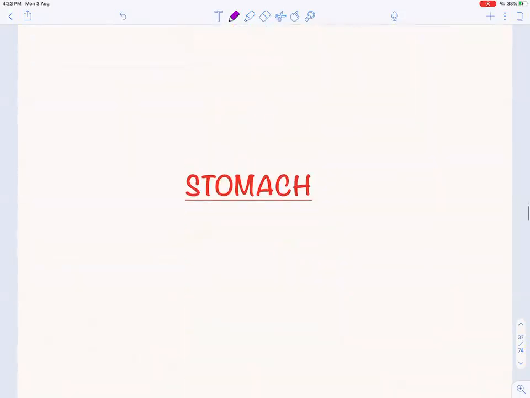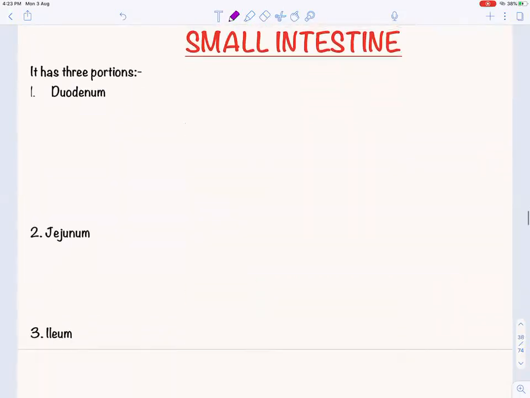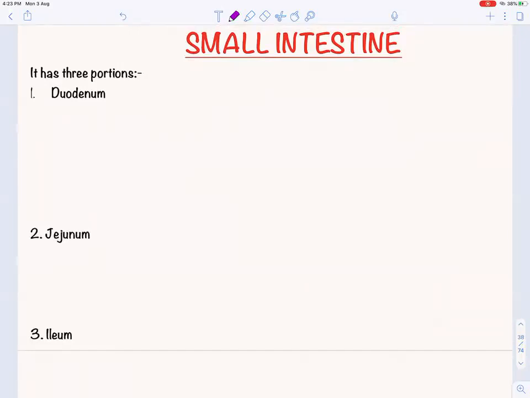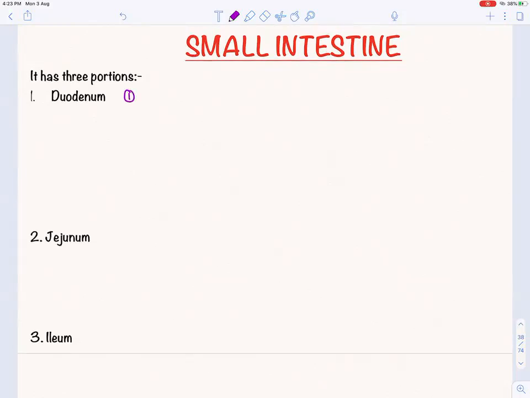Okay, so now let us do the small intestine. What is the small intestine? We've already done stomach. Now small intestine. It has 3 portions: duodenum, jejunum, and ileum. The duodenum is the first part, and it connects to the stomach, where the pyloric sphincter was present. It is the shortest part, only about 25 centimeters in length.